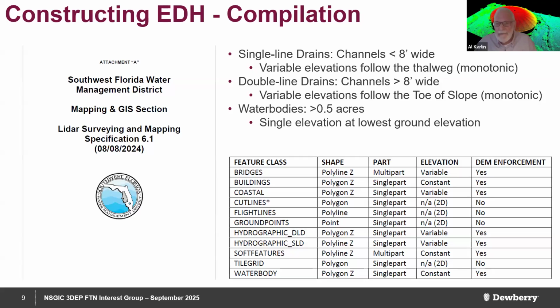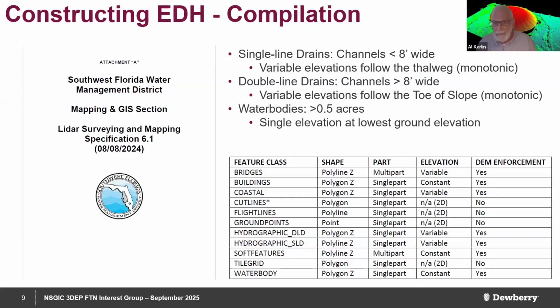The specifications are now in their sixth basic revision, but the hydro requirements and specifications are pretty much as they were in 2006. We collect by compilation all single-line drains that are 8 feet wide or less, and we elevate the flow line, provided that it's a dry drain.